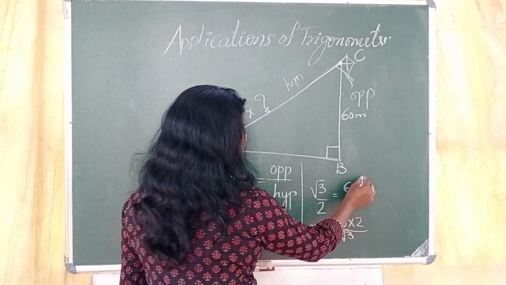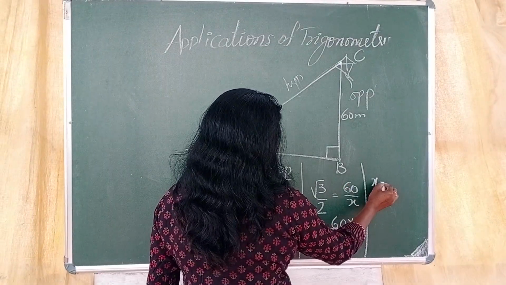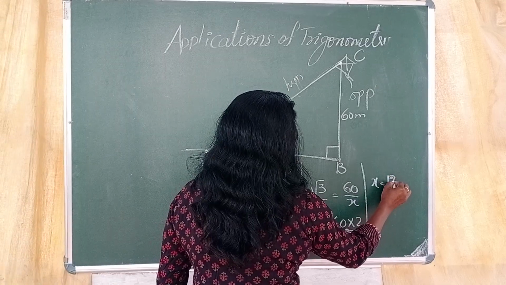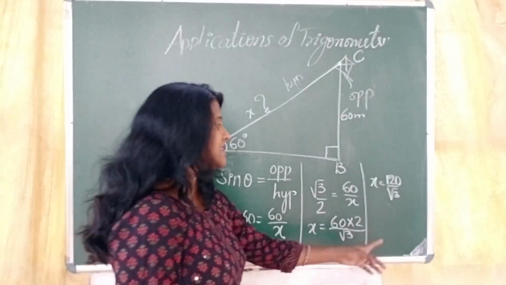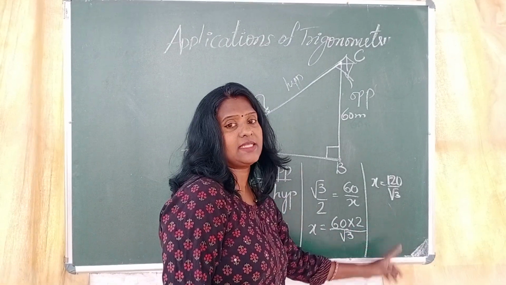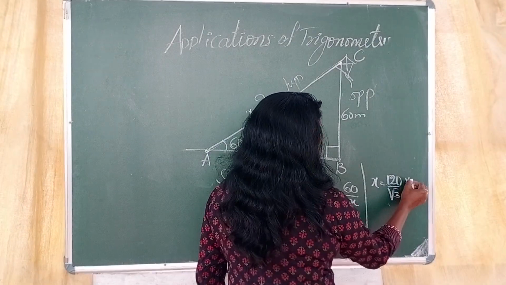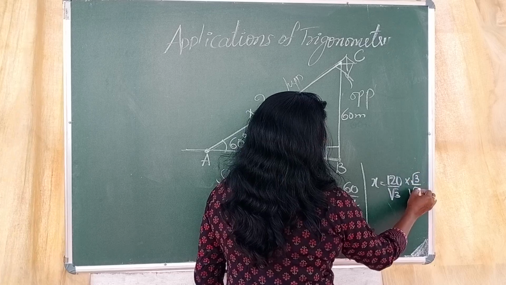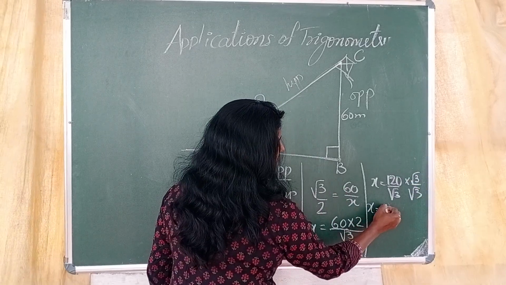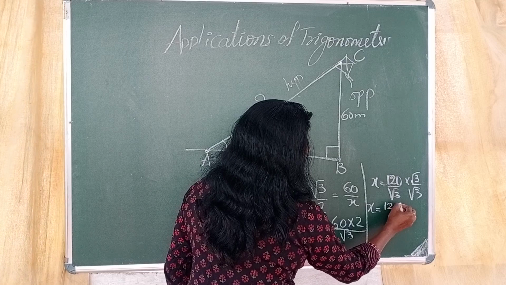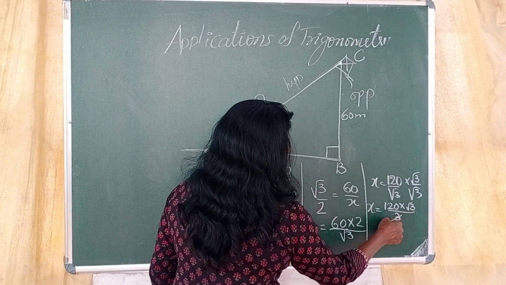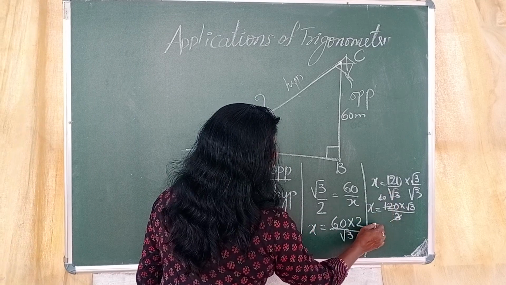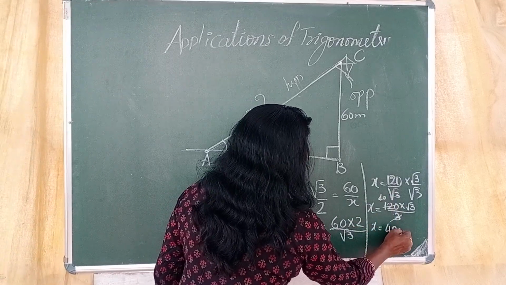That is x equal to 120 by root 3. But you know that we have to rationalize if the irrational number is in the denominator. Therefore, if you rationalize this, then it will become x equal to 120 into root 3 by 3. Three forties are 120. Therefore, x is equal to 40 meters.